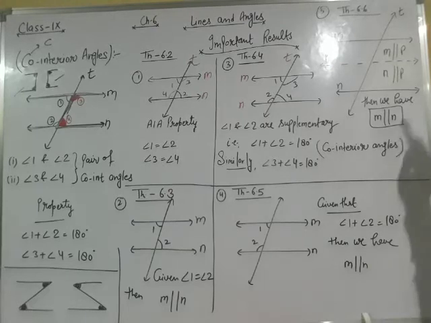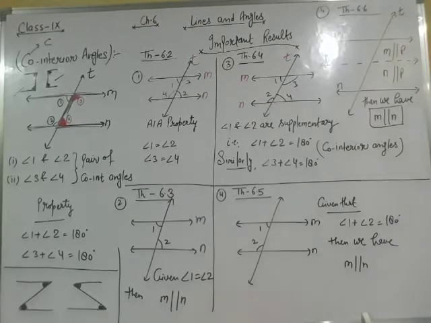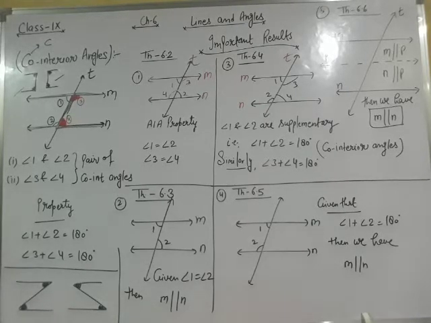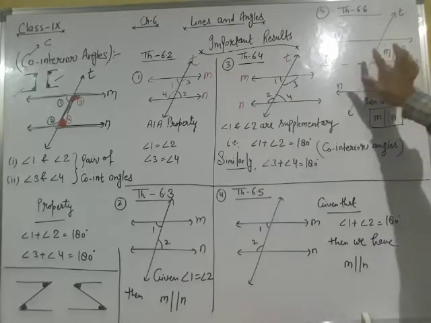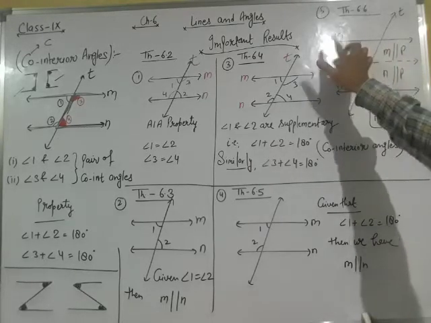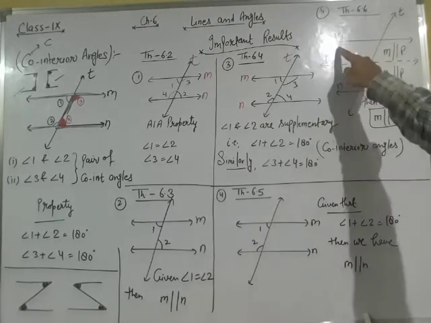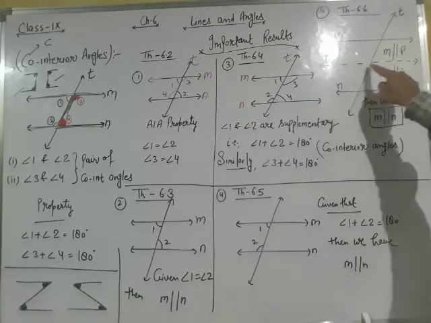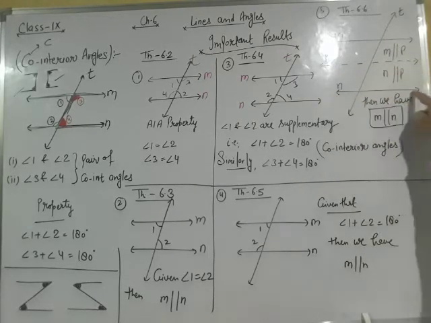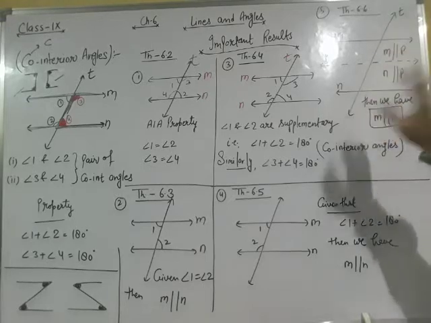Now move on to the last theorem of this exercise, theorem number 6.6. According to theorem 6.6, lines which are parallel to the same line are parallel to each other. Here in this diagram 3 lines are given, line m, line p and line small n, and this is the transversal t.